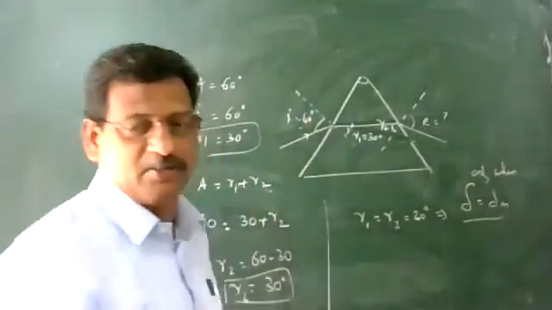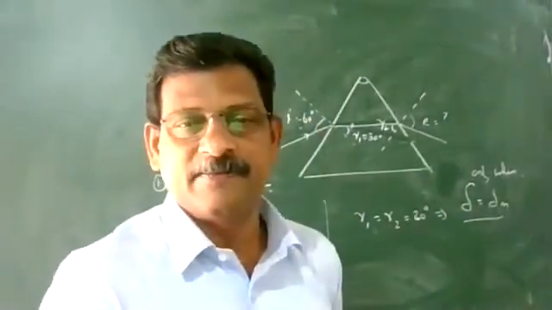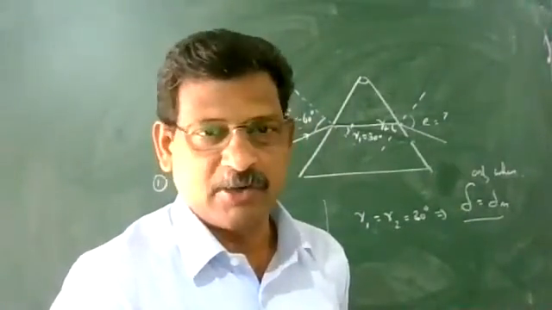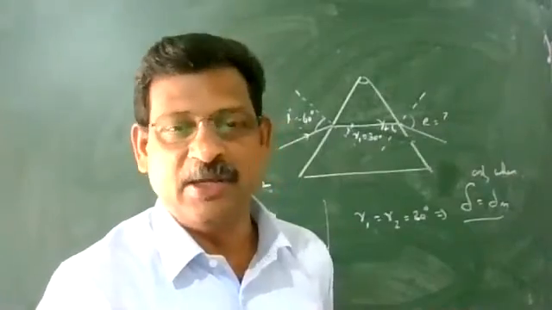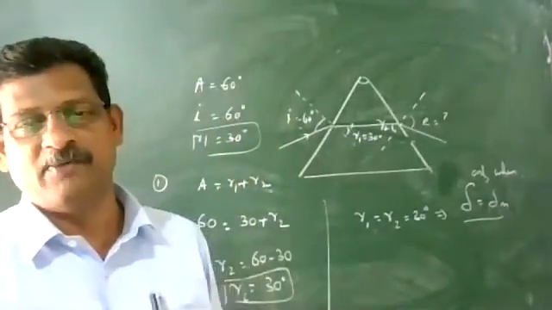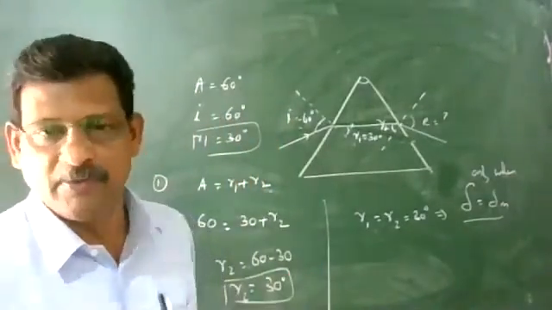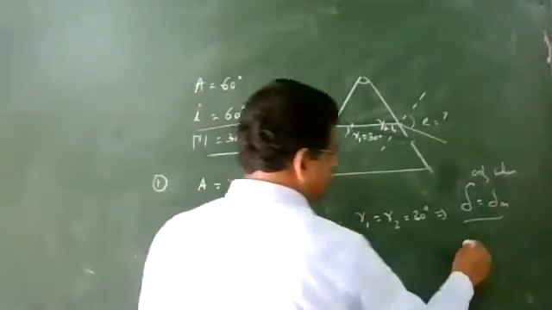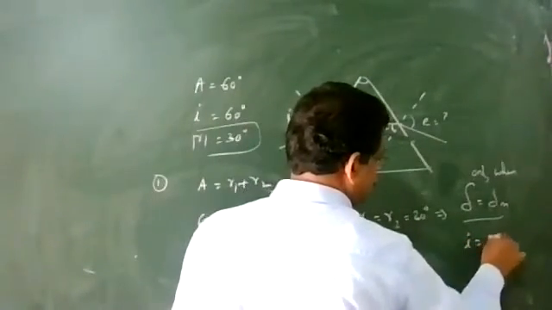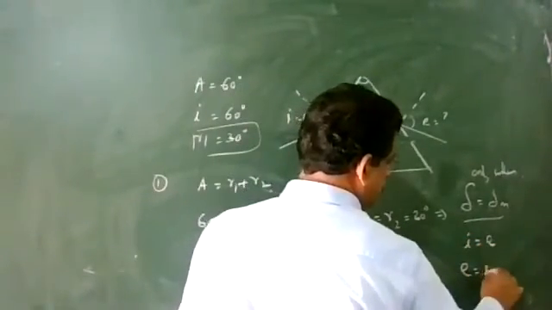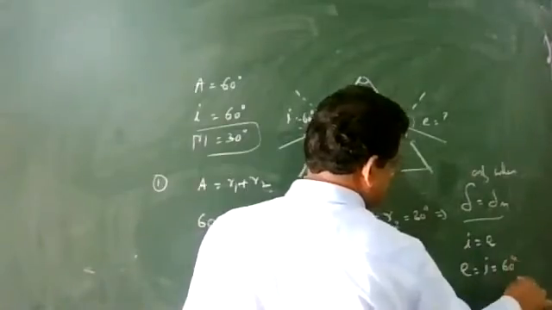When deviation is minimum, 2 points to remember: one is R1 equal to R2 and I is equal to E. When it is a minimum deviation, then I is equal to E. Therefore, E is equal to I, the value is 60 degree.